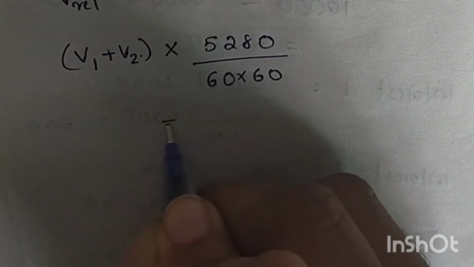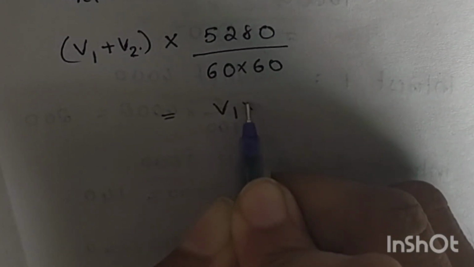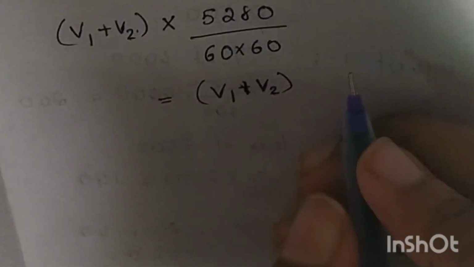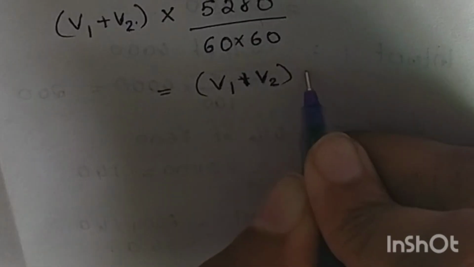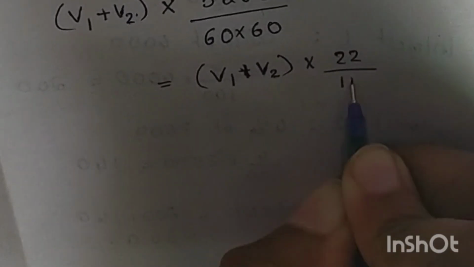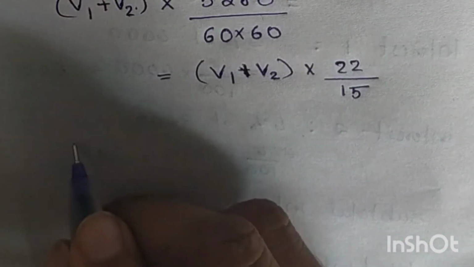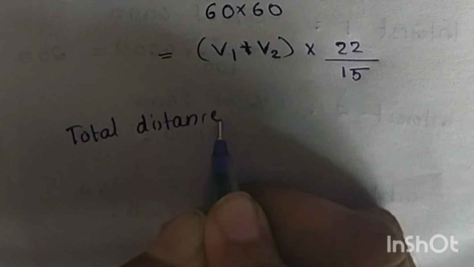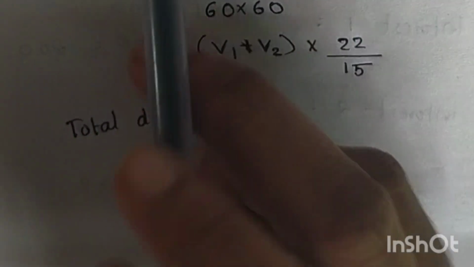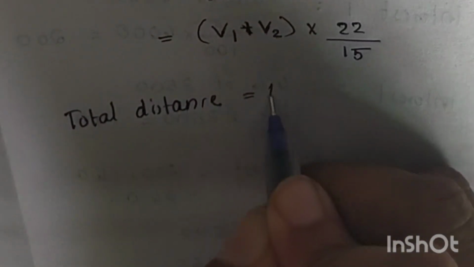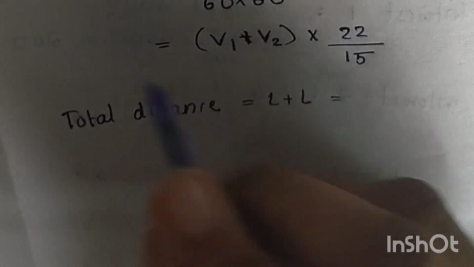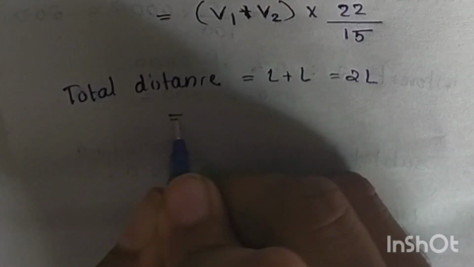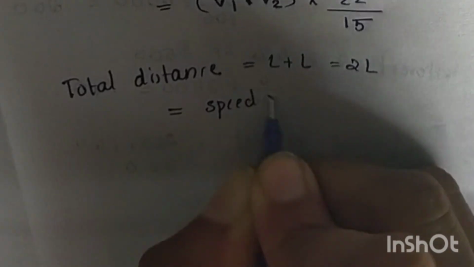Then by cancelling out some values, we can say that this is 22 by 15. And the total distance covered by the two trains, since they have to cross each other, will be L plus L. Both have the length L, so the distance covered will be 2L. And distance is equal to speed into time.